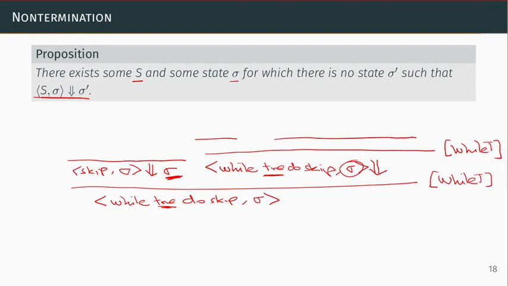We have another derivation for the while true do skip, in which we will have to apply again the rule while true, and so on. So at the end we have the same problem with the same condition, and there's no finite derivation for this program. And derivations here are like mathematical proofs. They have to be finite. So in conclusion, if a computation is not terminated, then this is reflected in our semantics as the impossibility of obtaining a derivation tree.